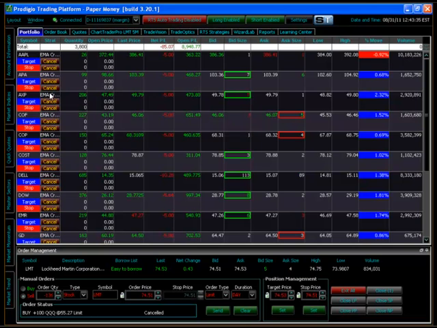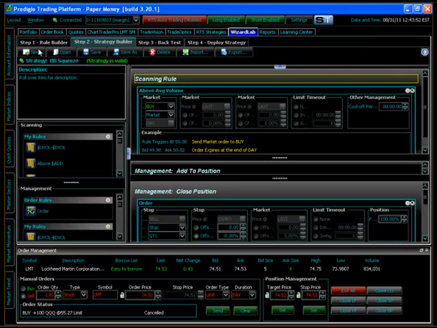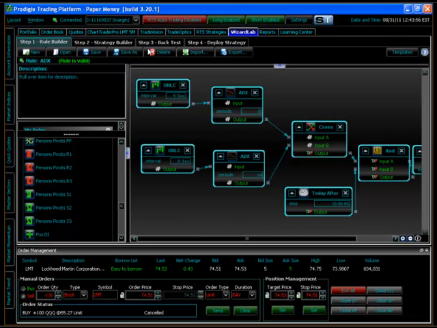The robotic trading of the system is the full potential of Prodigio. But, especially if you're just refining a trading strategy, you can use TradeOptics to perform what I like to call a semi-automation. And this semi-automation takes just the scanning rule of your strategy. So I was showing you before, I was playing around with this ADX rule.